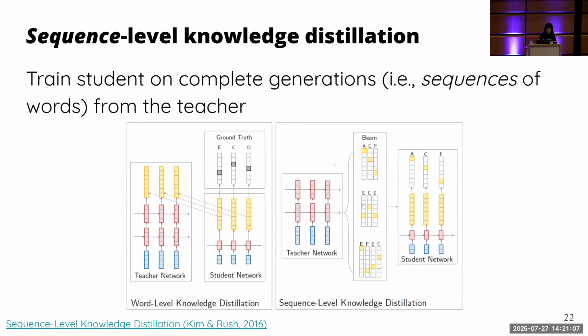The authors observed that instead of training the student to mimic the teacher's predicted probability distribution over the vocabulary, which is a very local prediction, in theory, we could instead train the student to mimic the probability that the teacher would assign over the set of all possible sequences, so over the set of possible text.